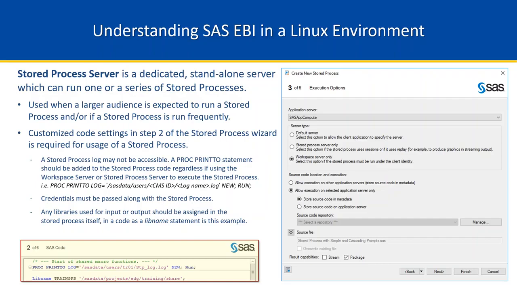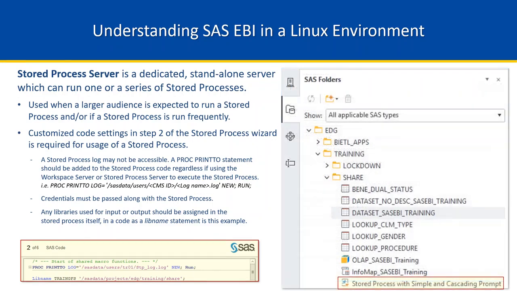A libname statement is included in the stored process code to attend to the location of the data. The stored process itself will exist in a folder where teams may access it, such as a share folder within the business component folder and a dedicated project folder where team members may navigate to. A project folder will vary from project to project.